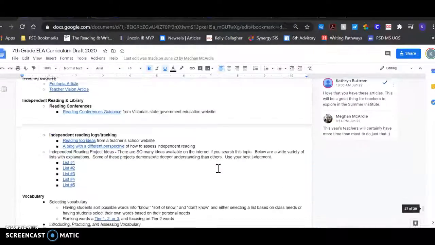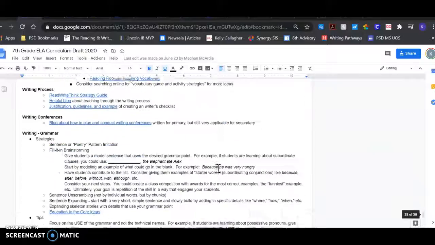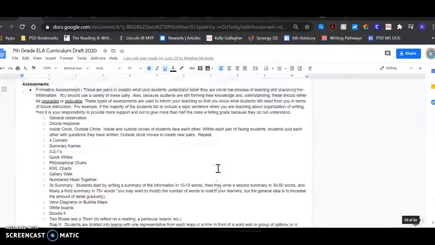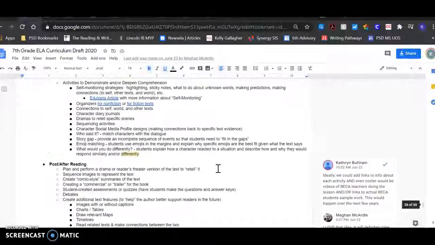So remember, these are living documents, and as the year progresses, we hope to be filling them in more and more with your feedback.